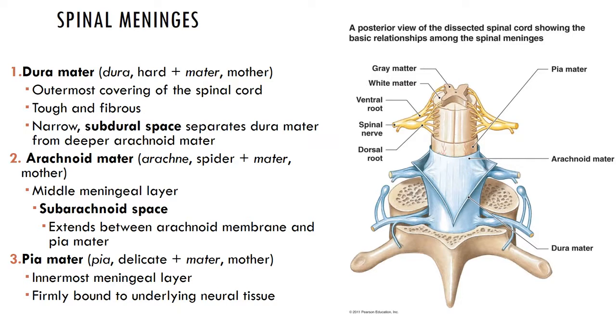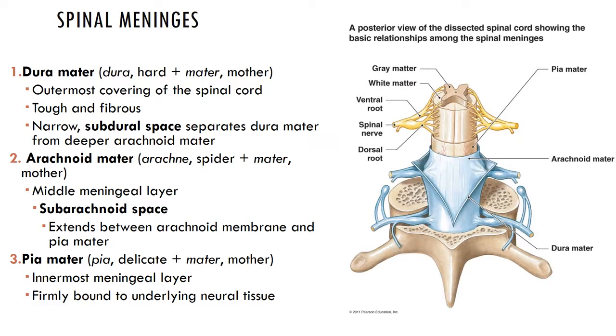The arachnoid mater is the middle layer. It includes simple squamous epithelium and the subarachnoid space that extends between the arachnoid mater and the pia mater. The pia mater consists of a meshwork of elastic and collagen fibers that is firmly bound to the underlying neural tissue.